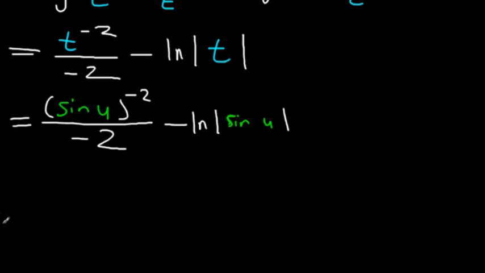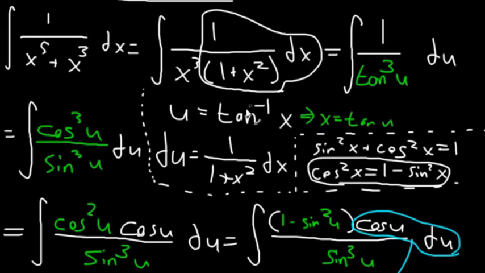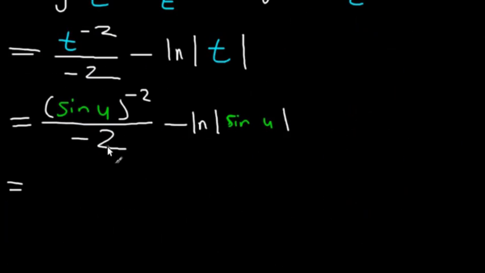And so now, if you remember, we are still not done because we still have to substitute back in for u. So we know that u, if you scroll back up, is equal to the arctangent of x. So let's put that back in. While I'm at it, I'm also going to move the power to the denominator. So it's going to be negative 1 over 2. I just took this negative sign right here and moved it to the top.